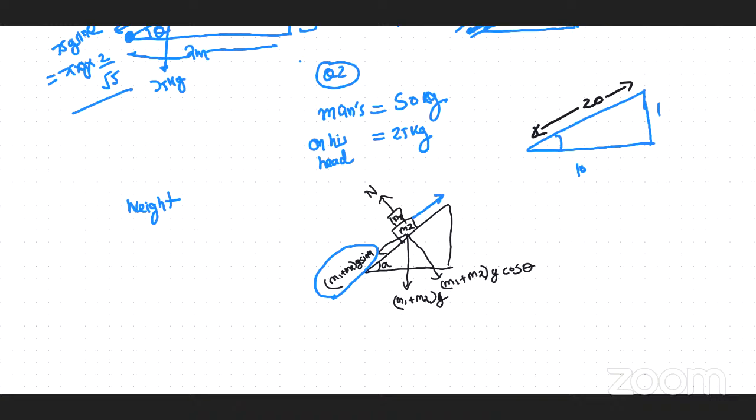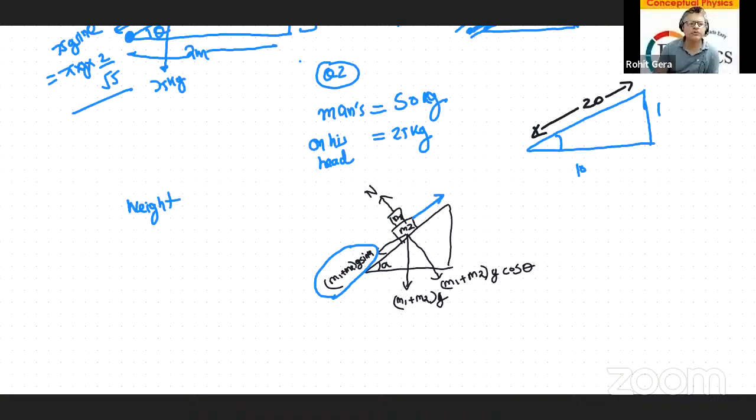If I reverse this, there is an incline and now a block coming down due to mg sin theta. There is no man involved now, only a block going down.